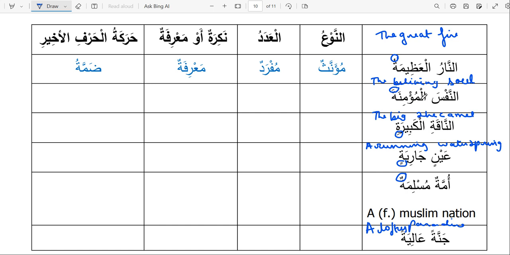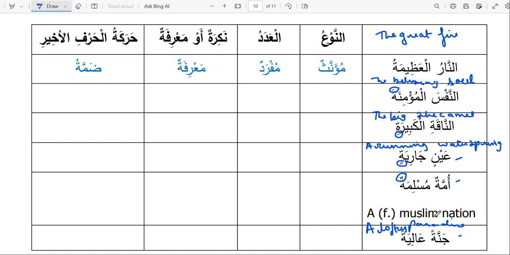As you can see, these are all nakira examples. So you will put whether it's a marifa or a nakira. And the haraka. Please see at the end what the harakas are here. Oh, sorry, the meaning: the great believing soul. So ummatun muslimatun has been given. So this is what you can do here in this exercise.